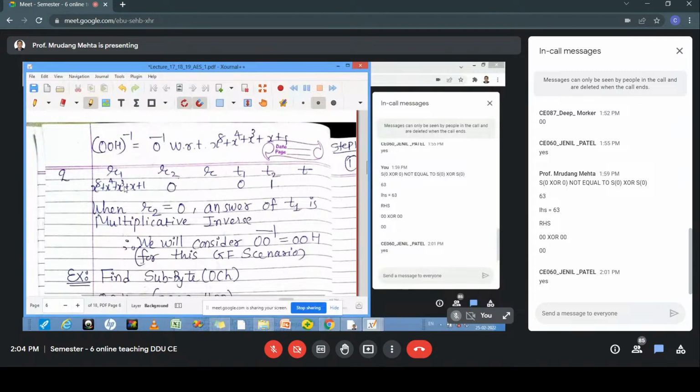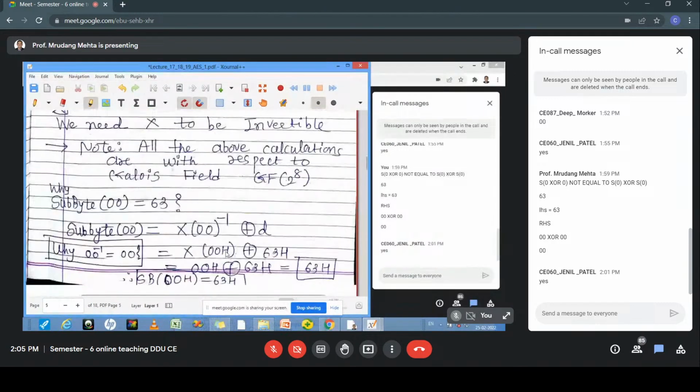So this divided by 0 is not possible. So we have already found R2 equal to 0. At that time, what is T1? T1 is 0, right? So T1 is 0, R2 is 0. So 0's inverse is 00H. In Galois field also, 0's inverse is 00.